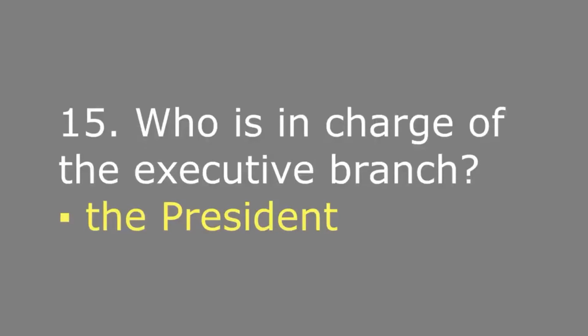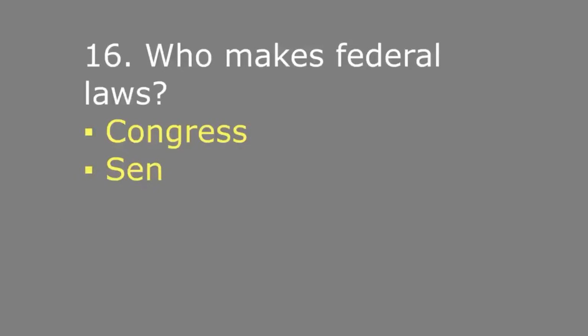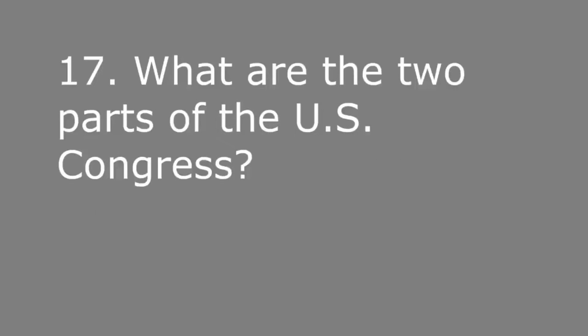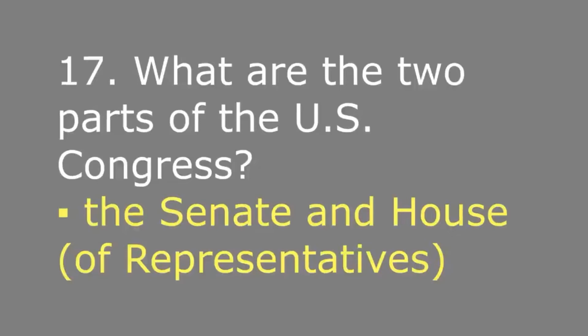The President. Who makes federal laws? Congress, Senate and House of Representatives, US or national legislature. What are the 2 parts of the US Congress? The Senate and House of Representatives.